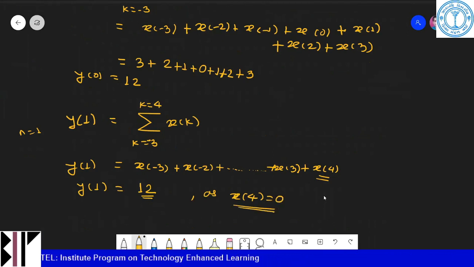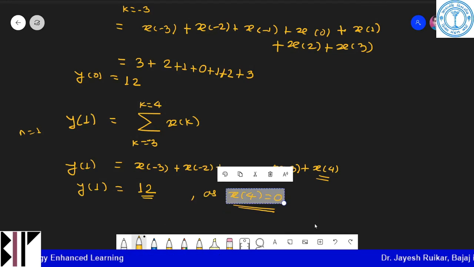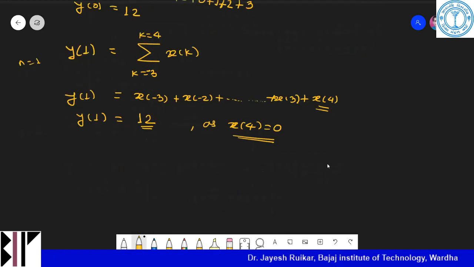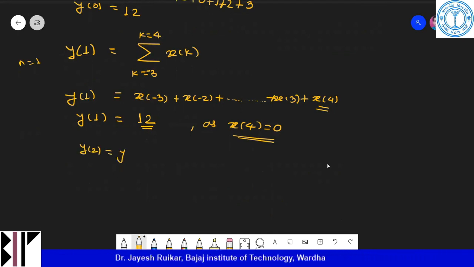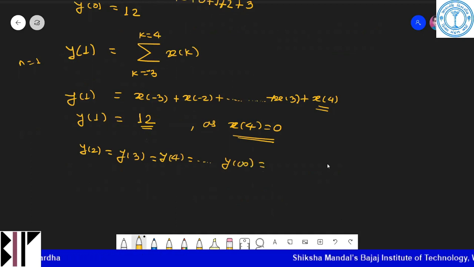As x of 4 signal has not been there, we can consider it as x of 4. Fine. Similarly, when you calculate y of 2, which is equal to y of 3, which is equal to y of 4, up to y of infinity, all the values of these signals are equal to 12.